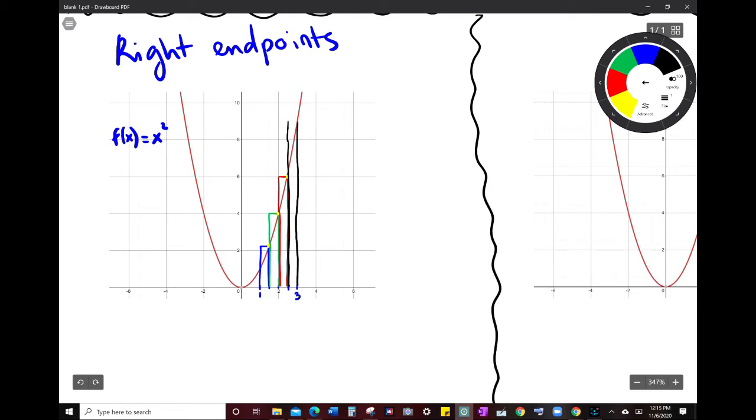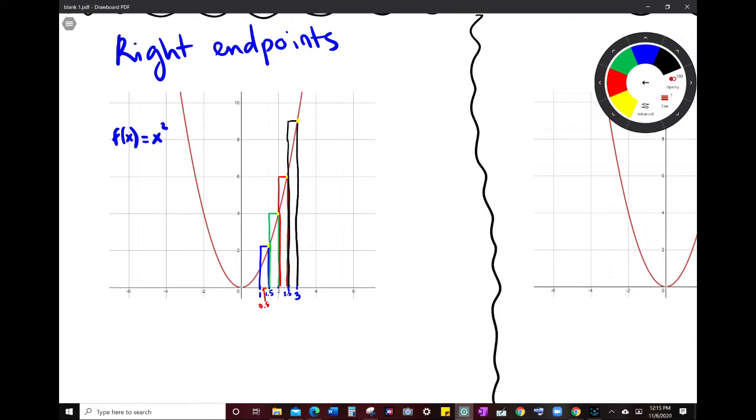My right endpoint. Okay, so that's how we use right endpoint. And earlier we also know this is 1.5, this is 2.5, and the increment for each subinterval is 0.5.